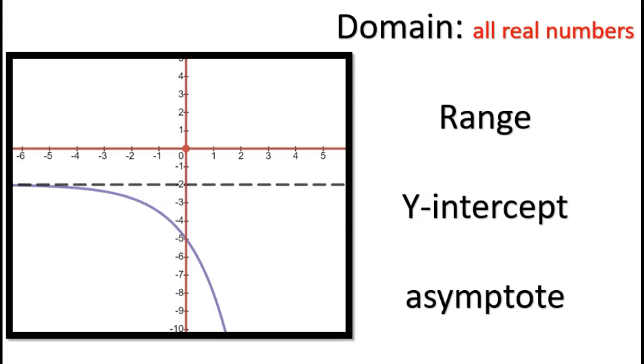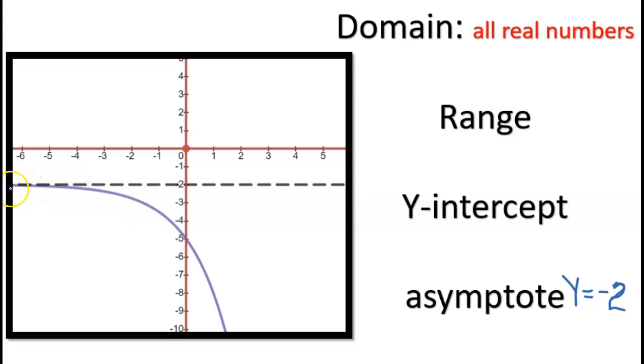But is it easy to tell where the asymptote is? The asymptote is at y equals -2.